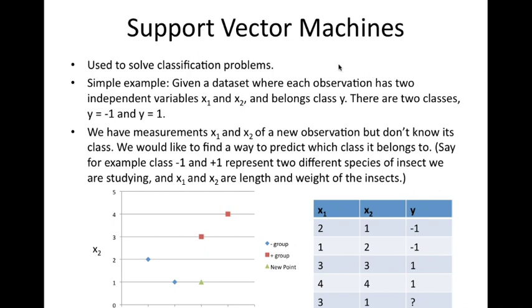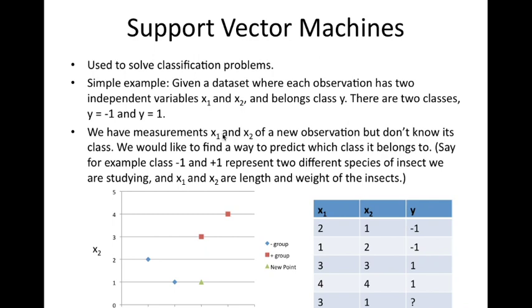So, support vector machines are used to solve classification problems. Here's a simple example. You have a data set with two independent variables, two x variables, and a binary y variable. We call them classes -1 and +1.